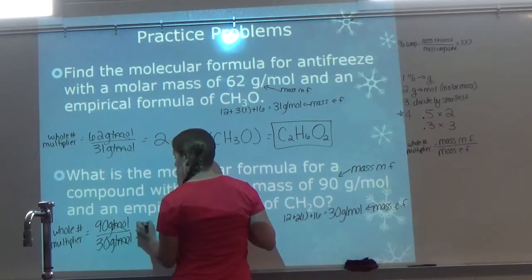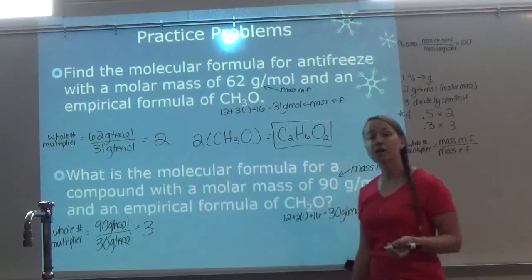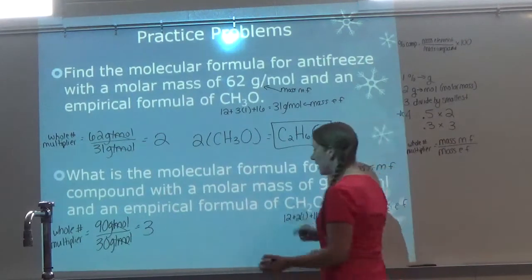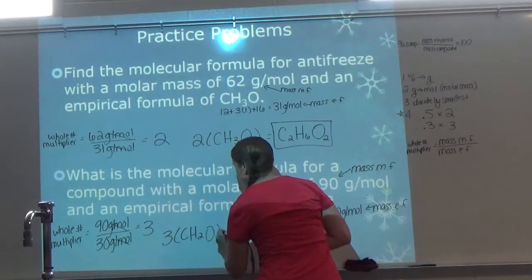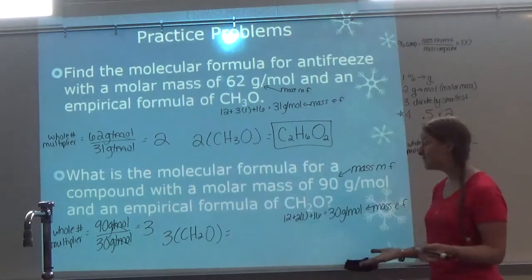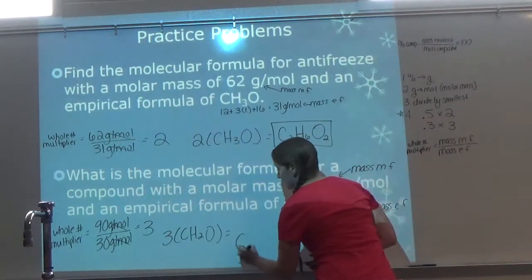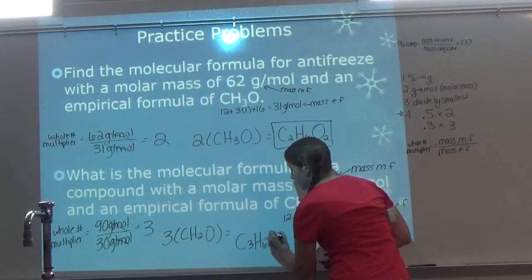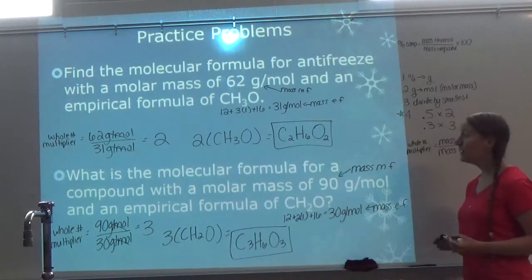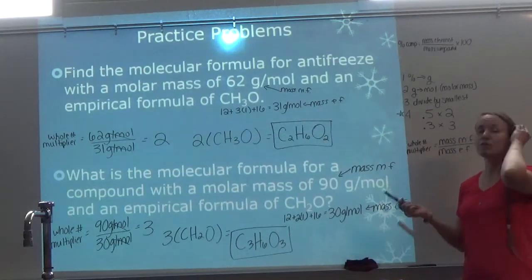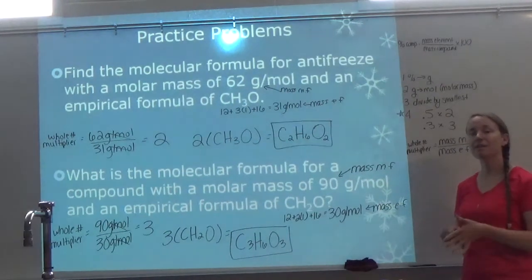So grams per mole cancel, so I get a multiplier of 3. So I take my empirical formula, CH2O, and I multiply each subscript by 3. So that gives me C3H6O3.